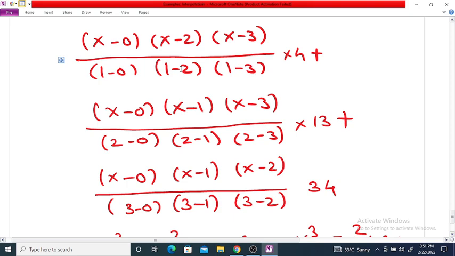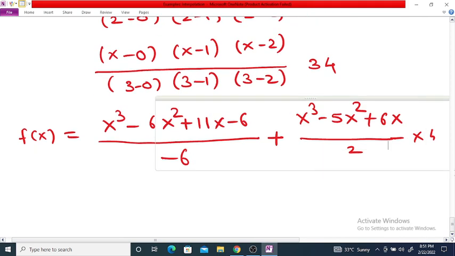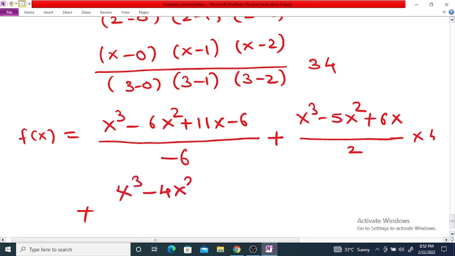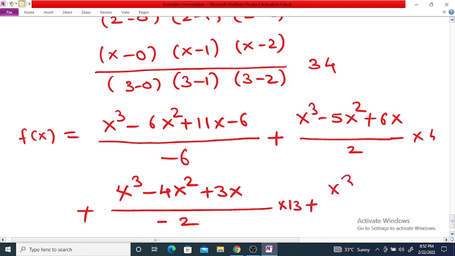So minus 2 into minus 1 is 2, into y1, which is 4. The next term is x cube minus 4x square plus 3x divided by minus 2, into 13, plus the last term x cube minus 3x square plus 2x divided by 6, into 34.